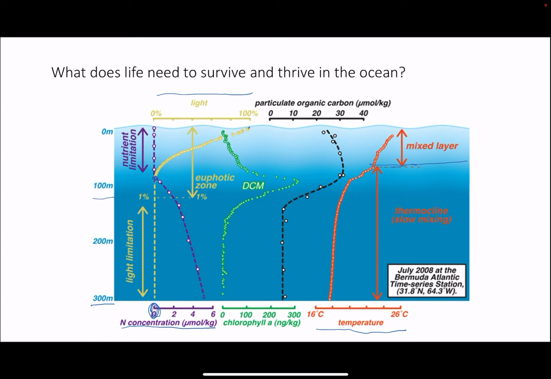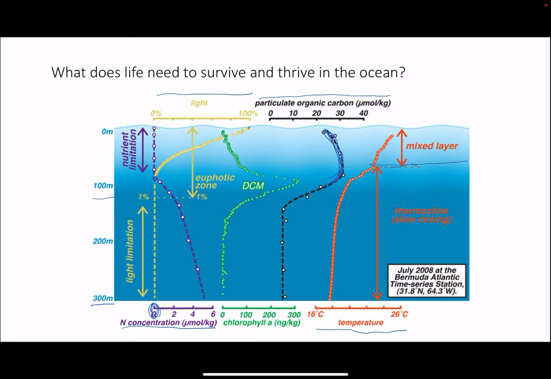Well, as a result, when you look at a vertical profile of something like particulate organic carbon, which is a way that we measure phytoplankton, you can see that they're much higher in this surface layer. And so this is everything that's grown on the light and the nitrate that was available. And so you see evidence that that nitrate was taken up and converted to phytoplankton biomass.